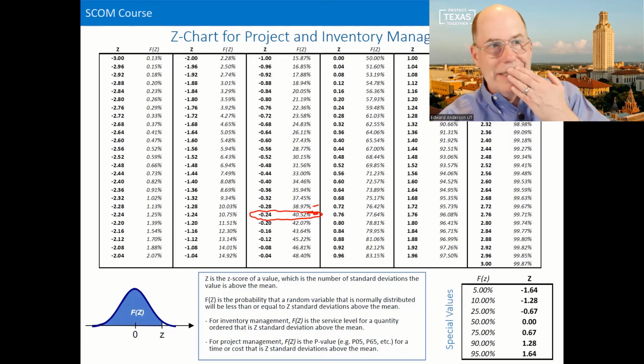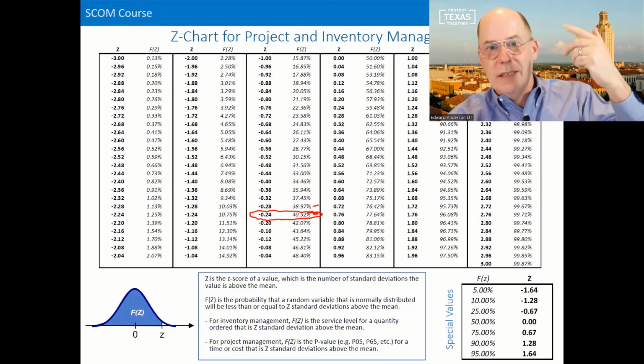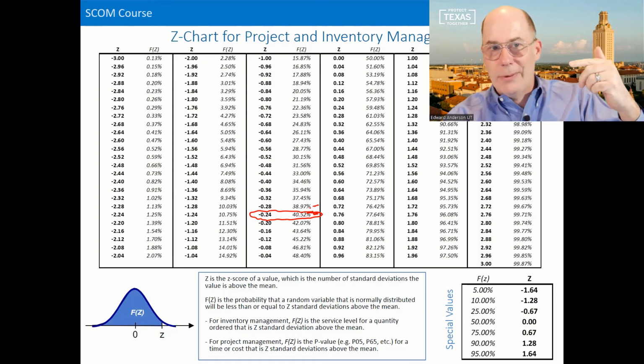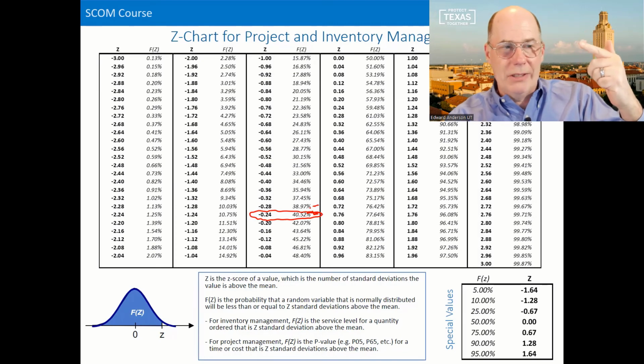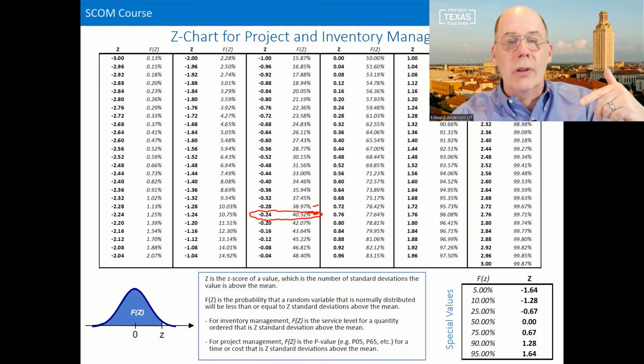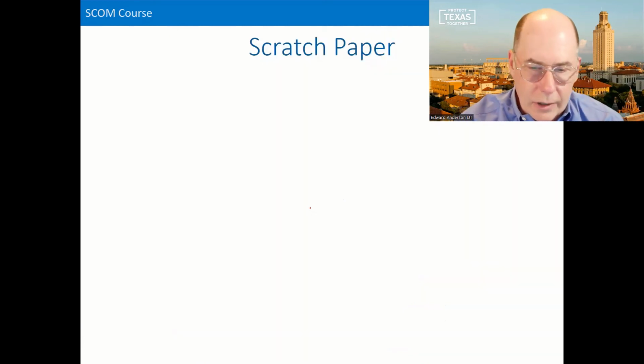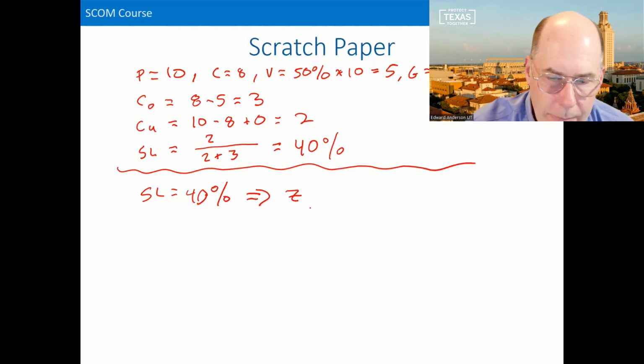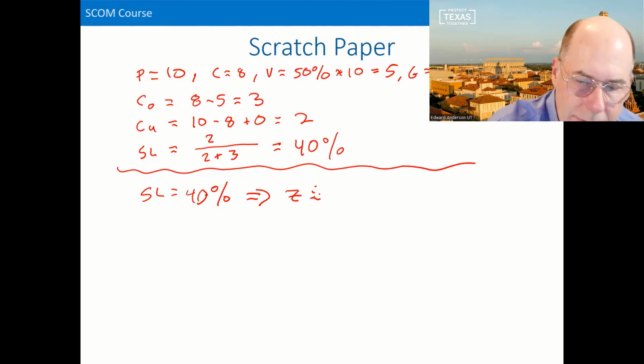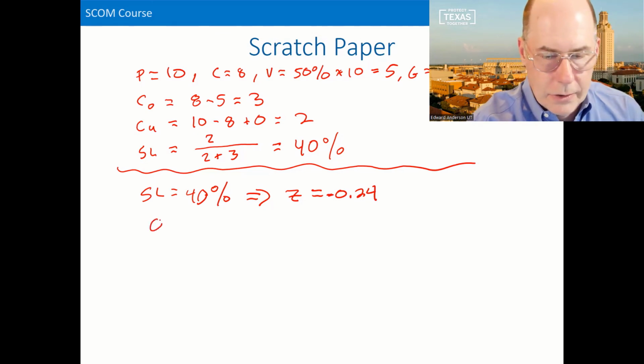Now, what that means is, remember, Z is the number of standard deviations above the mean. So you get minus 0.24, it's going to be minus 0.24 standard deviations above the mean, which means 0.24 standard deviations below the mean. So let's go back here. That means Z equals 0.24, but it's negative.